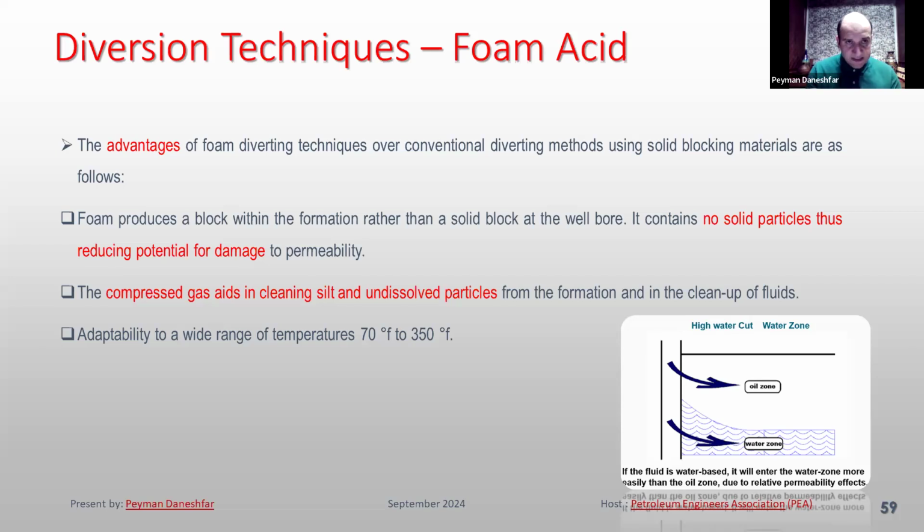The compressed gas aids in cleaning silt and undissolved particles from the formation and in the cleanup of fluid, and it has adaptability to a wide range of temperature, 70 to 350 Fahrenheit.